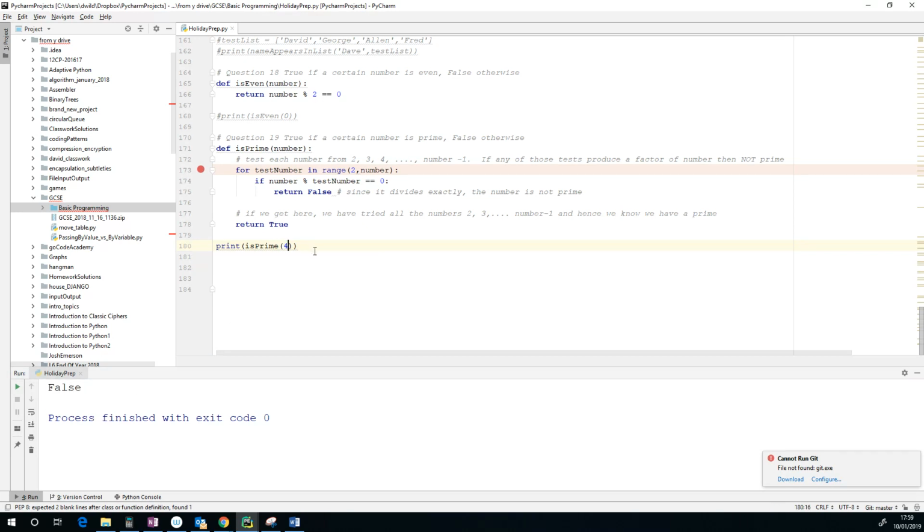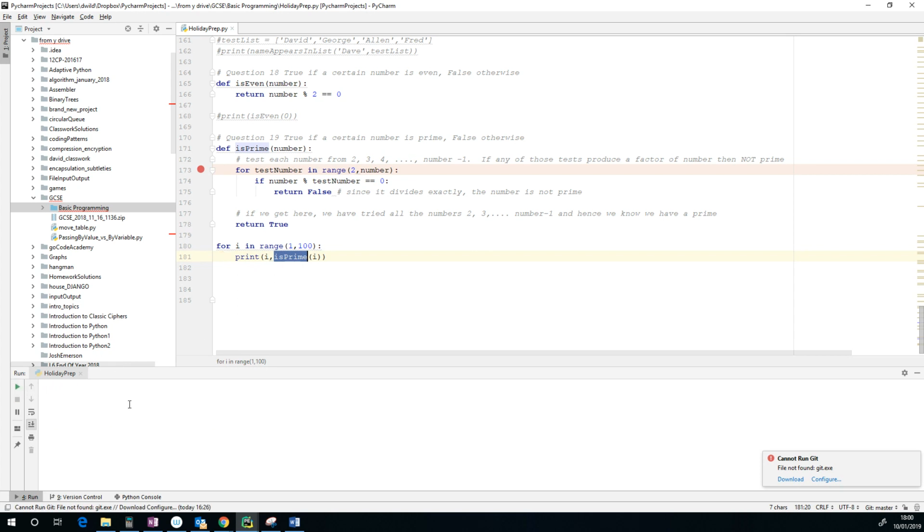So rather than testing one by one, let's do a little for loop here so that we can test this. Let's go for i in range, from 1 up to 100. I'm going to print i and whether or not it's prime. So we're going to test 1, 2, 3, 4, 5, 6, 7, all the way up to 100, and print whether or not the number is prime.